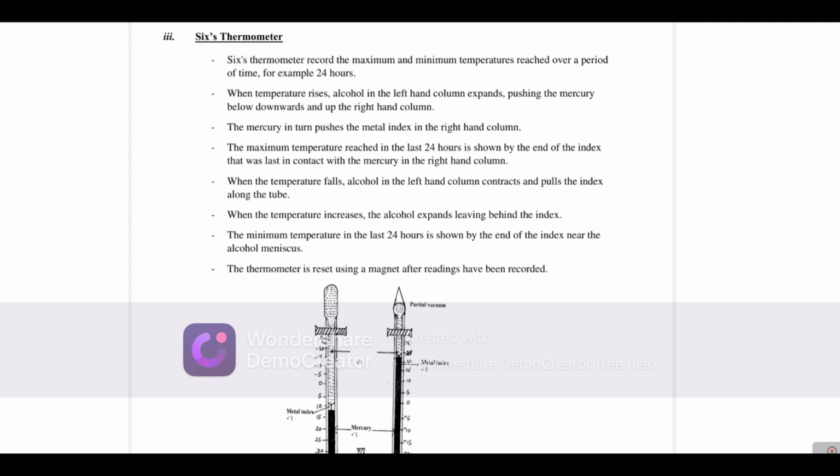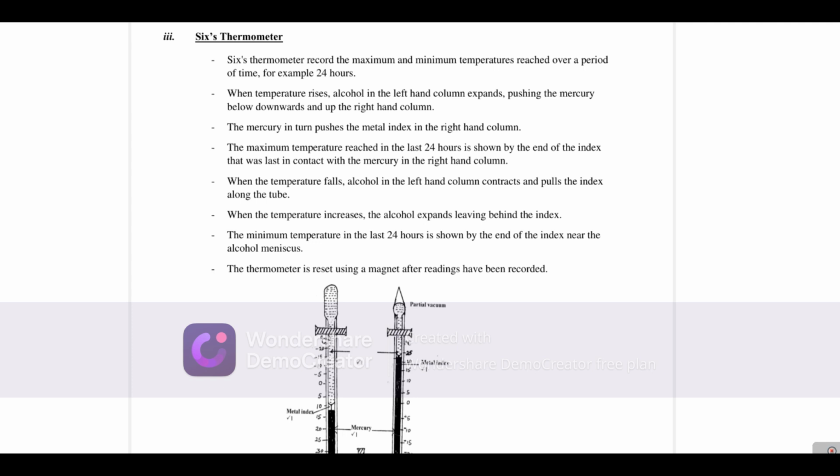So that you'll be able to see both of the liquids used in the Six's thermometer, because it is a combination of the maximum and minimum thermometer. That means it uses mercury and alcohol.